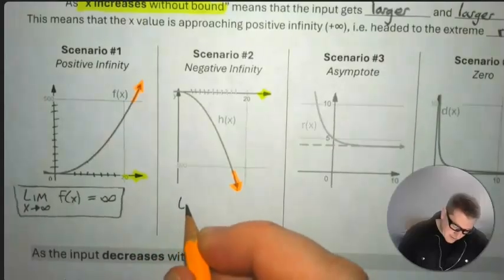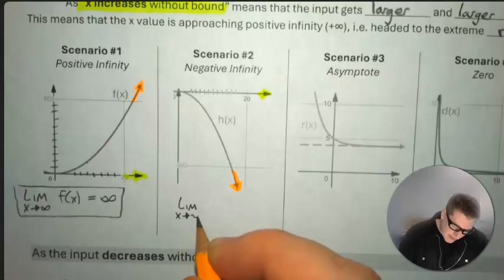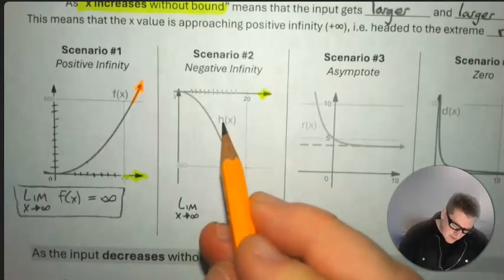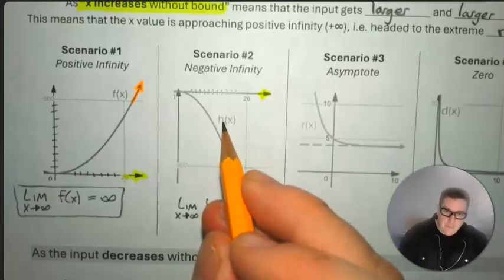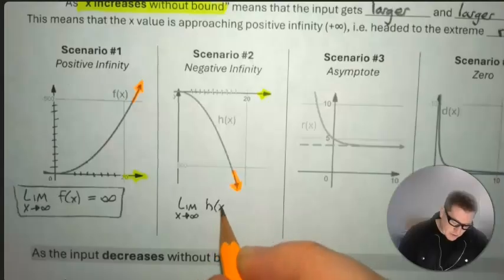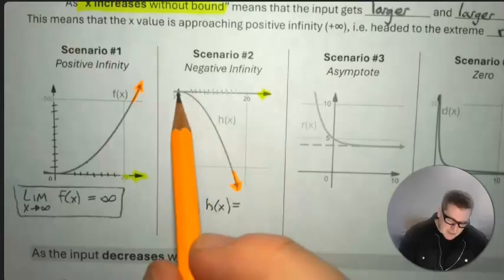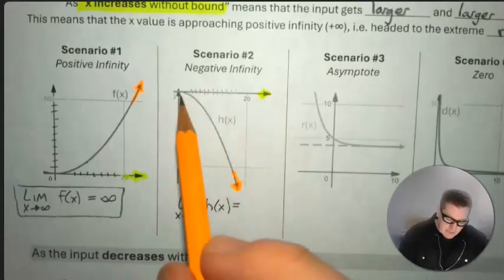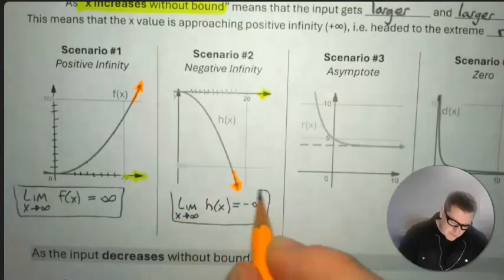So the limit as my x value approaches the far right, positive infinity, of this function called h of x, and it's also very important that you use the name of the function here and you don't just write f all the time, right? The limit as my x approaches positive infinity of this function is headed down to negative infinity. Okay. So that is that.